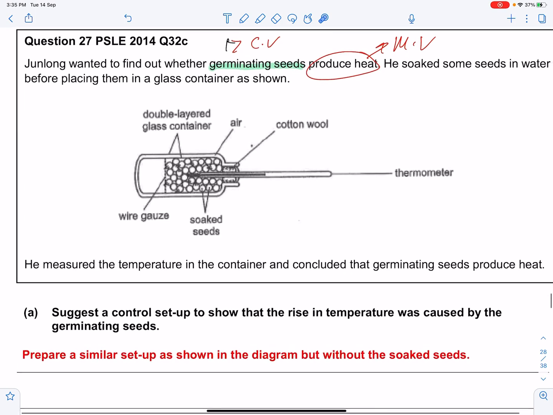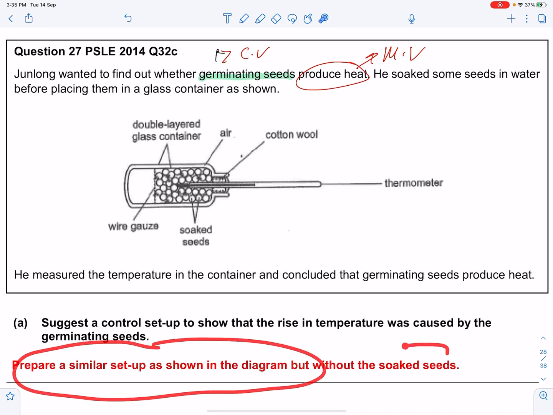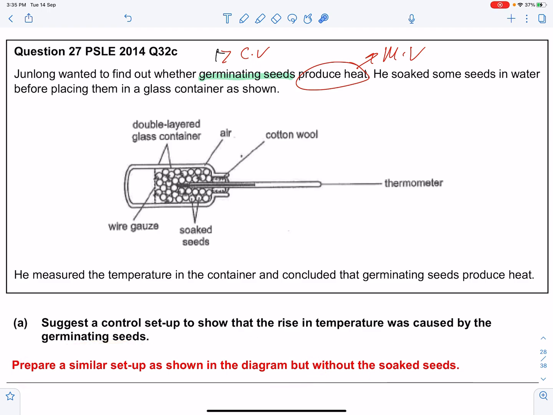So in this case, everything else is the same, but you remove away the soaked seeds. Right? So in other words, in your experimental setup, you put back the soaked seeds. If there's a rise in temperature, it tells you that it's due to the presence of the soaked seed. Okay?